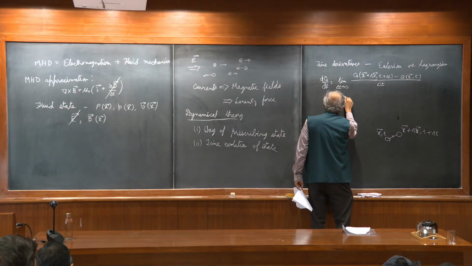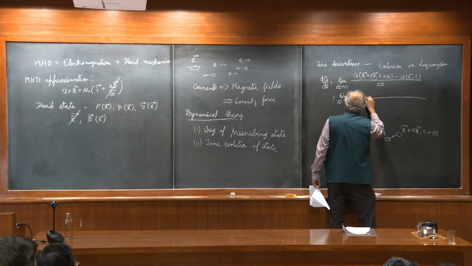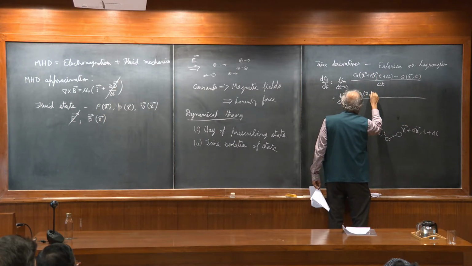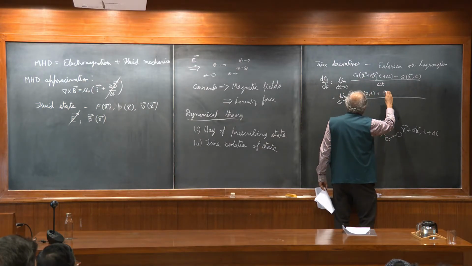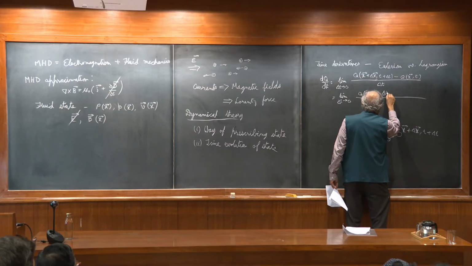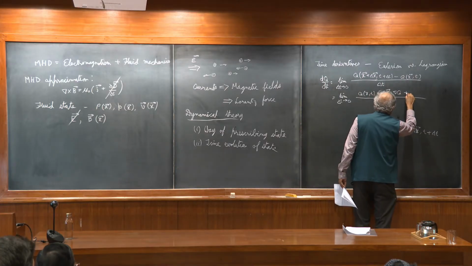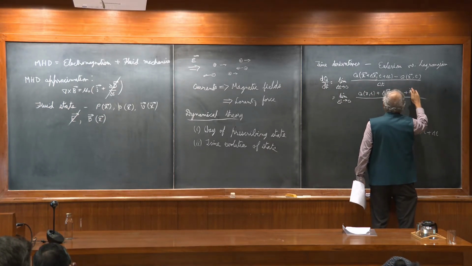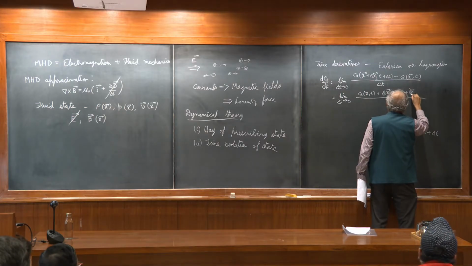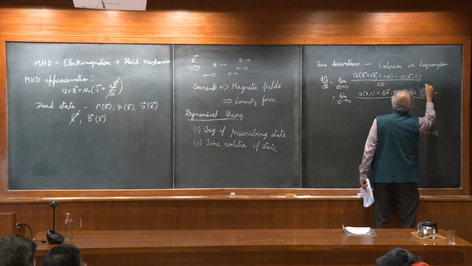That will give you q(x, t) plus delta x dot grad q plus delta t times the partial derivative of q with respect to t, and minus this term.